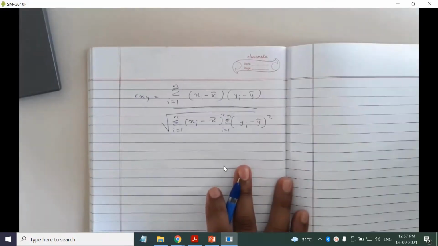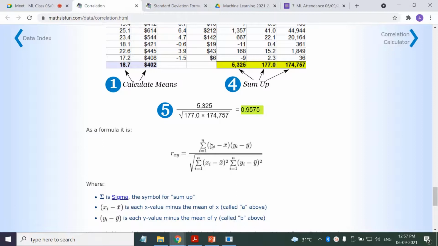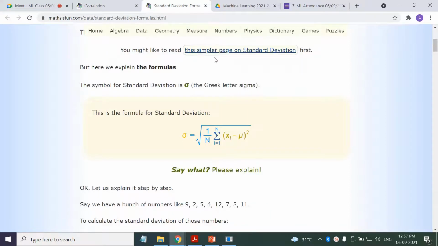So I have the equation of correlation here. Now we'll be having n samples, so that's why our summation is going from 1 to n. xi is the current sample, x bar is the mean of all the x, and the formula of standard deviation is this one.